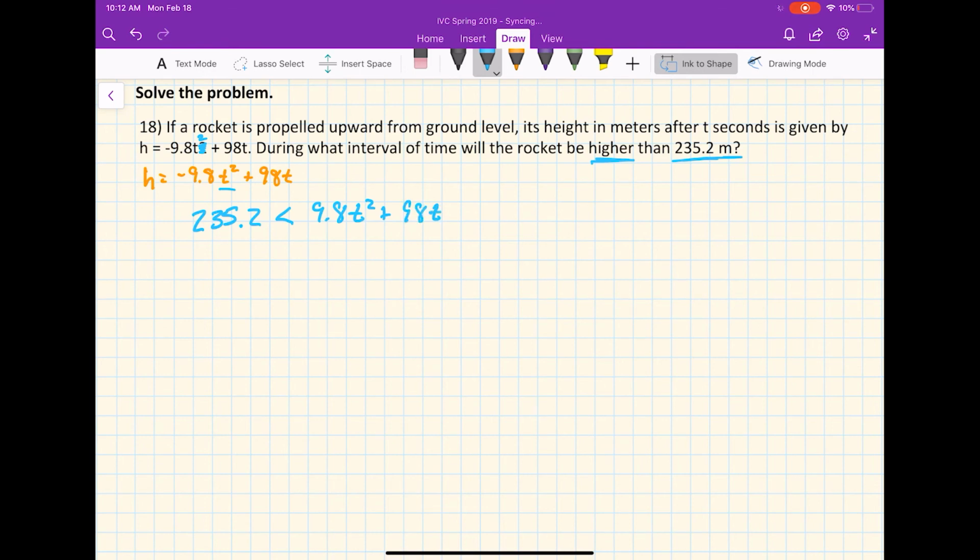We want to know when it's greater than the 235.2. So let's distribute this over: t squared plus 98t and minus 235.2. All right, so this is our equation.